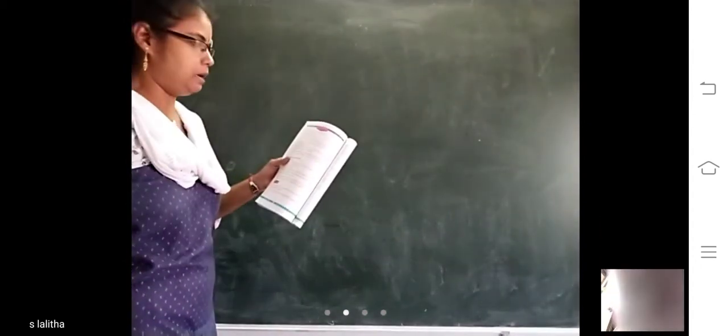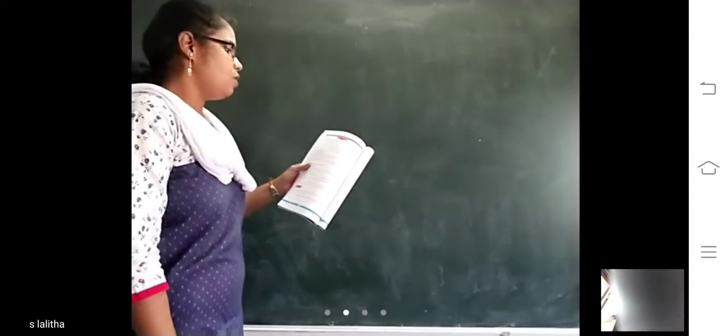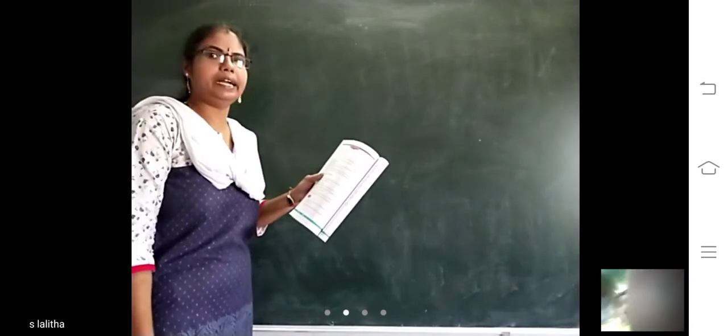So what do we have to write here? Write the expressions for the following statements. What is the first question? 5 is added to 3 times z.